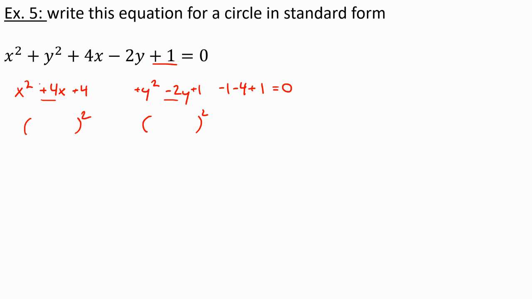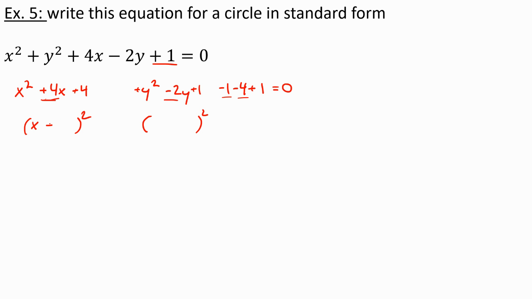So, frankly, you might have noticed that when you first divide the positive 4 and the negative 2 in half, that's the number that's going to go in the parentheses anyways. Okay? But I don't want you to forget about subtracting out the square of it on the right side over here. We have to minus 1 and minus 4.